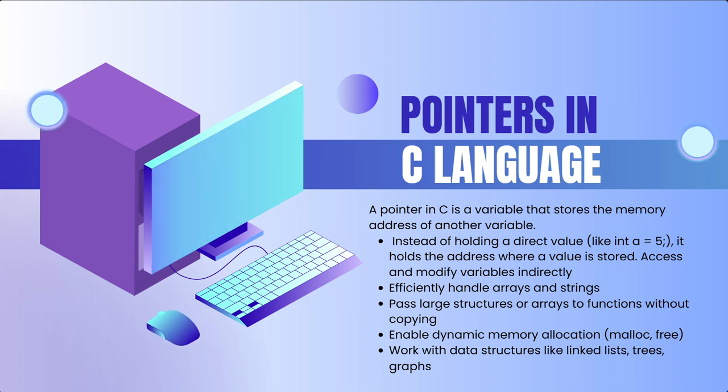Enable dynamic memory allocation, malloc, free. These are the functions declared under dynamic memory allocation, which we will be covering as the last topic. And work with data structures like linked list, trees, graph. Pointers are mainly used in data structures, but we don't have that in the syllabus. So we will just cover the general idea of pointers in this chapter, and we will end our syllabus.